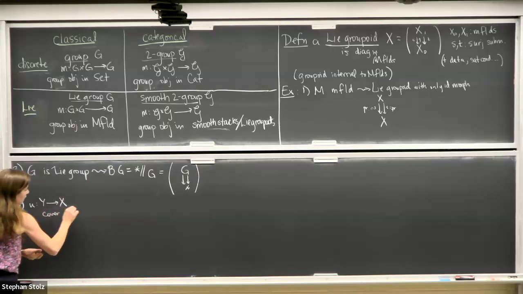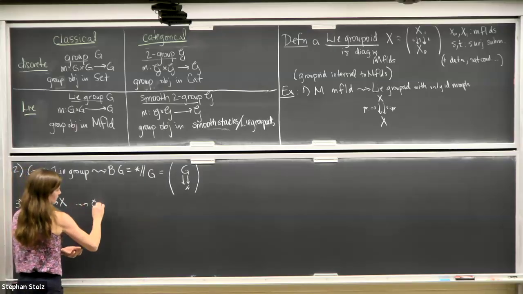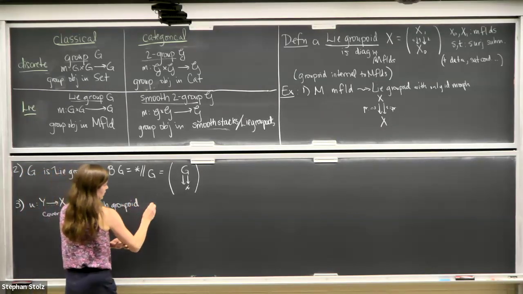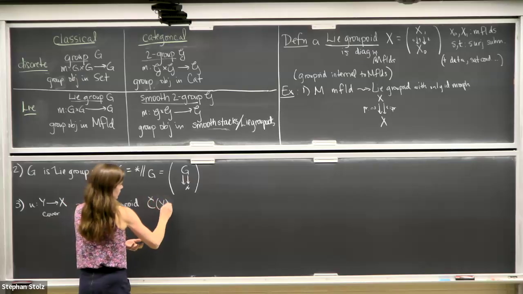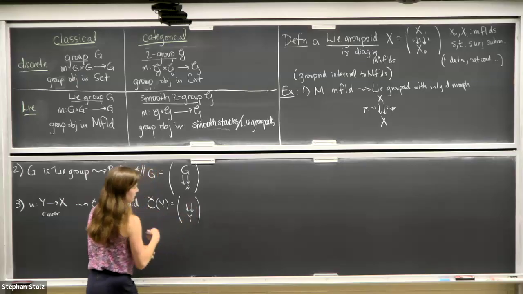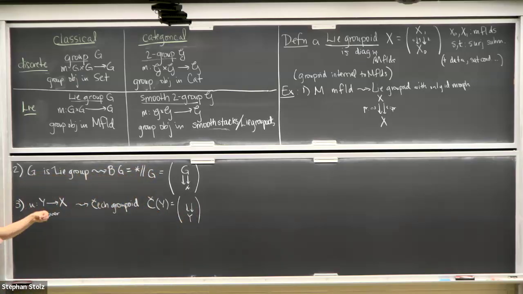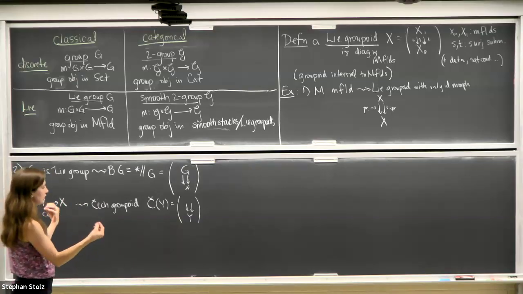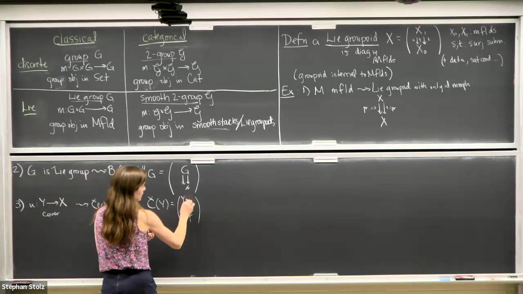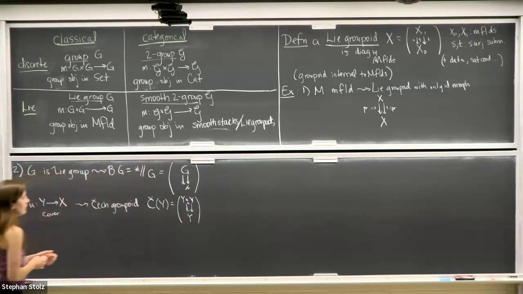If you're given a cover, you can form a Čech groupoid. Objects are given by Y, so a point in your cover, and you have a morphism, or an isomorphism, between two points in your cover if they live over the same point in X. So this is Y times_X Y. This is another Lie groupoid.